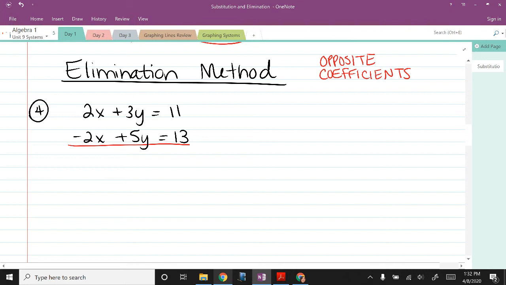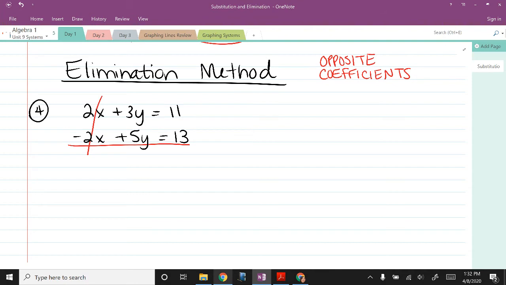If I were to add columns like you did in elementary school, +2x plus -2x equals 0x, right? So that's why we can cancel these out. We can eliminate our x's because they are opposites, and if we combine the opposites, that gets us 0. Those cancel out because they make 0x.